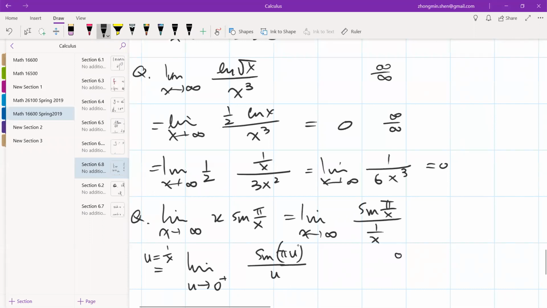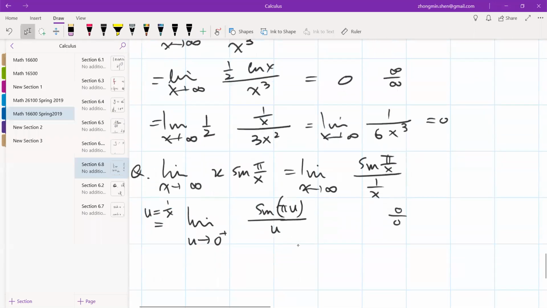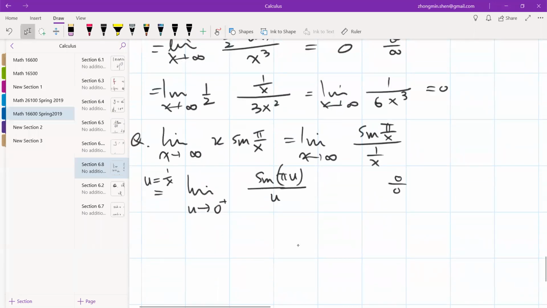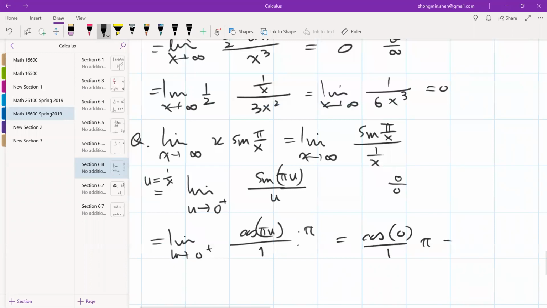So this is going to be 0 over 0 type. Then you can apply L'Hopital's rule. It's going to be 1 and the cosine pi u times pi. Right? So the limit is going to be pi, because cosine 0 over 1 is 1, so it's going to be pi.